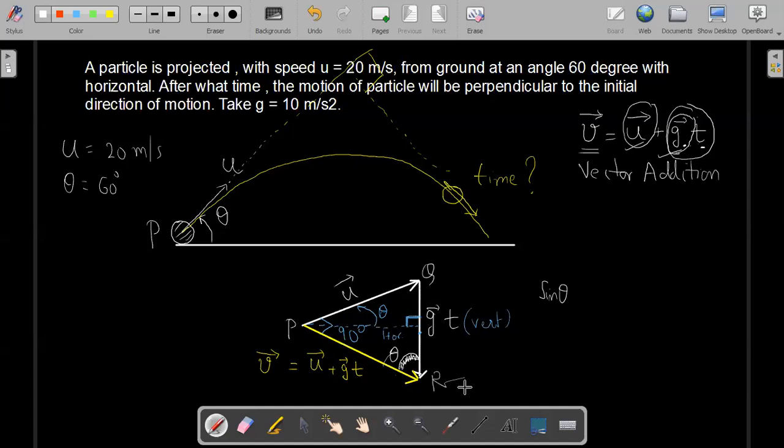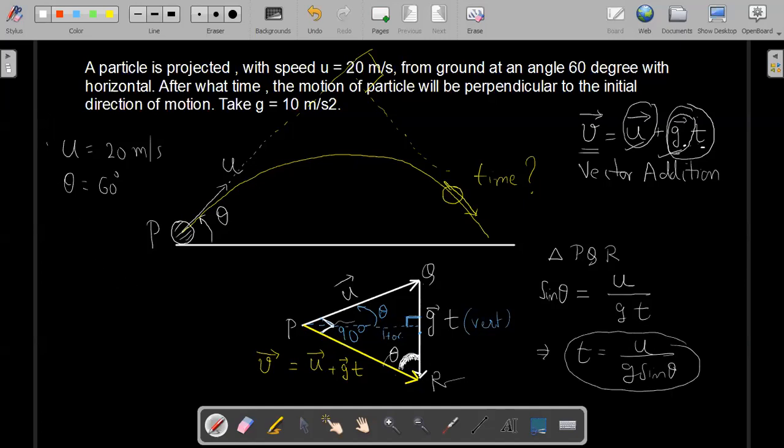In triangle PQR, angle P is 90 degrees. So sine of theta will be the perpendicular over the hypotenuse. Opposite to angle R, which is theta, you have PQ, so the length of that vector is u. Since angle P is 90 degrees, the side opposite to this 90 degree angle, that is QR, has a length of gt. And now you get time t equals u over g sine of theta. So that's the answer for this question.